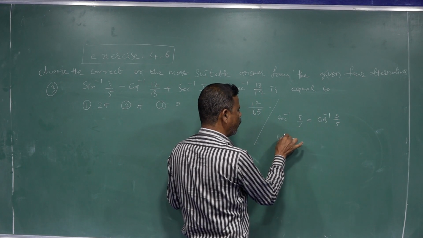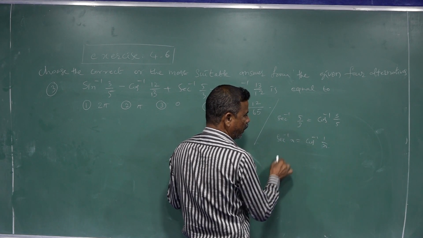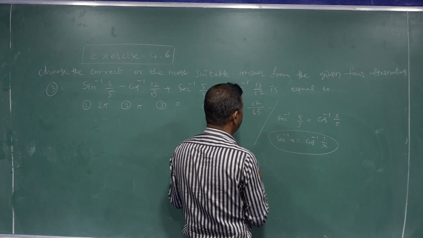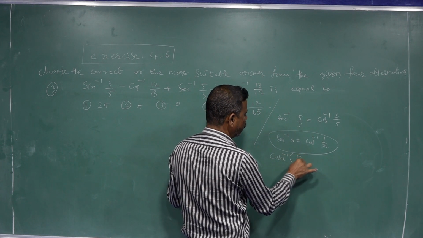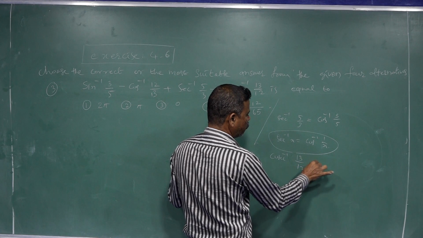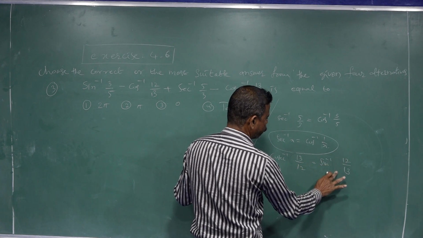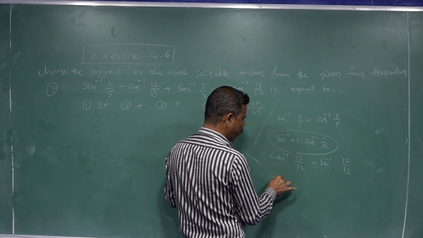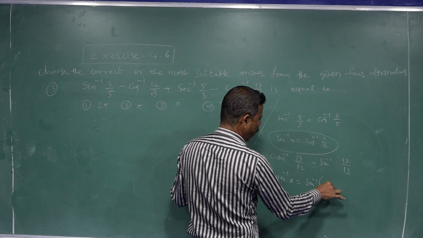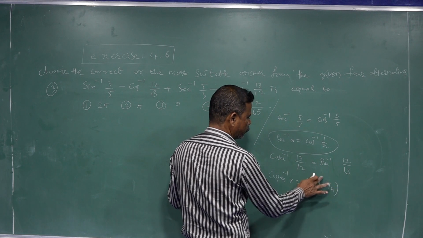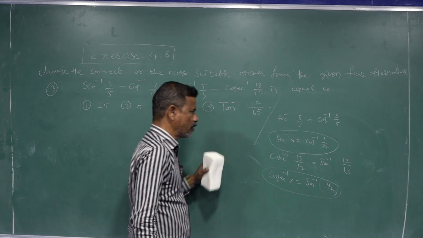We know sec inverse x is equal to cos inverse of 1 by x, like that. After this, cosec inverse 13 by 12 in terms of sin inverse 12 by 13. Here also cosec inverse x is equal to sin inverse of 1 by x. According to these formulas, we write like this.